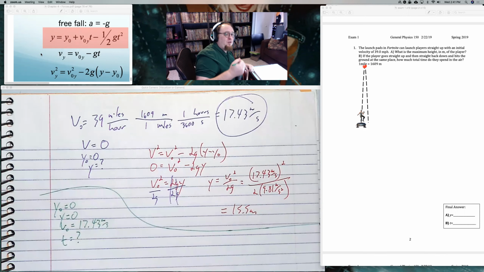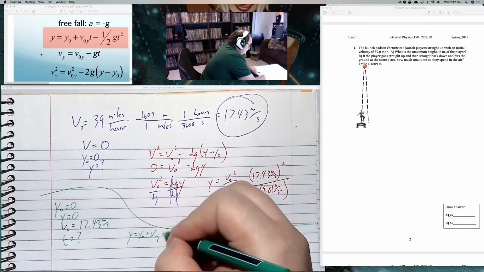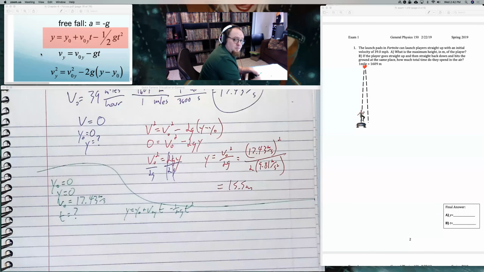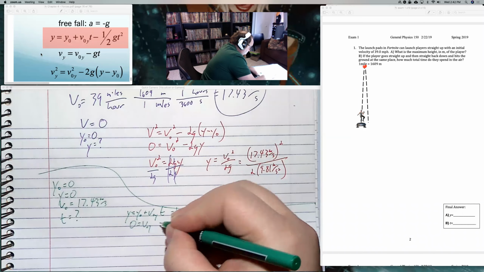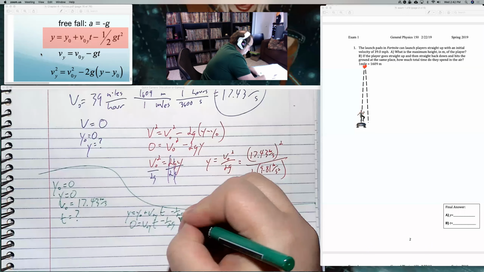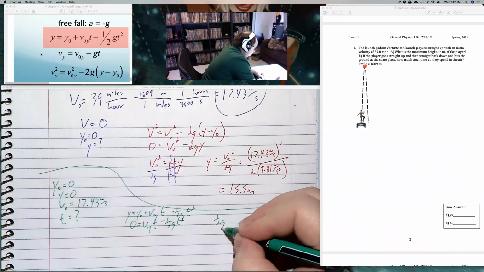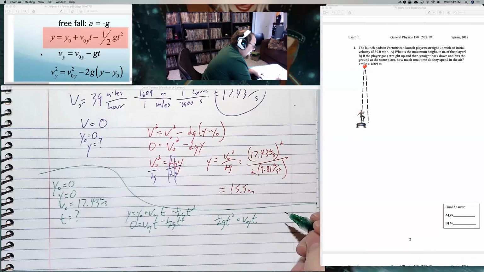And I said, if I want the time to go from ground to ground, I'll just say y equals y naught plus v naught y t minus 1/2 g t squared. Plug in my zeros. I can then add 1/2 g t squared to both sides. I'll then divide both sides by t.